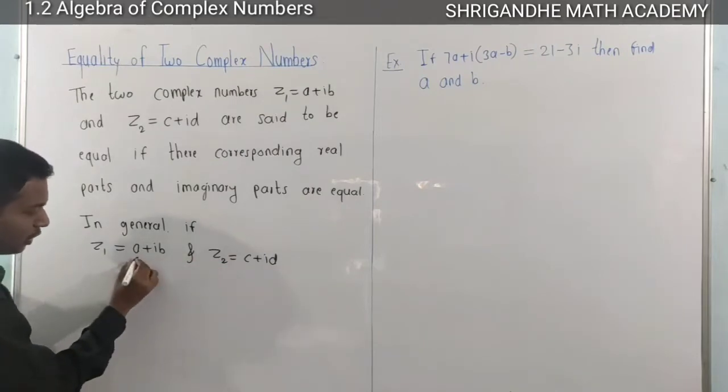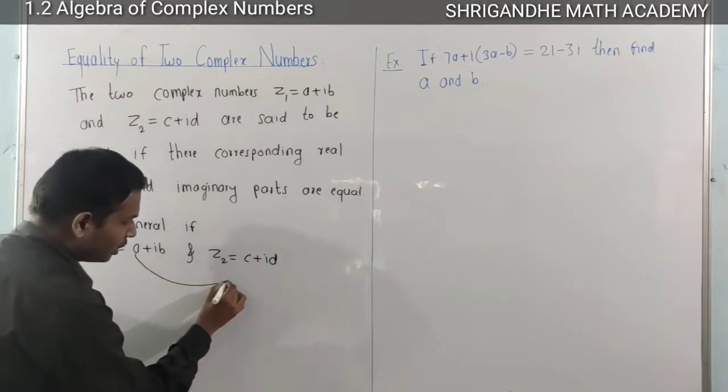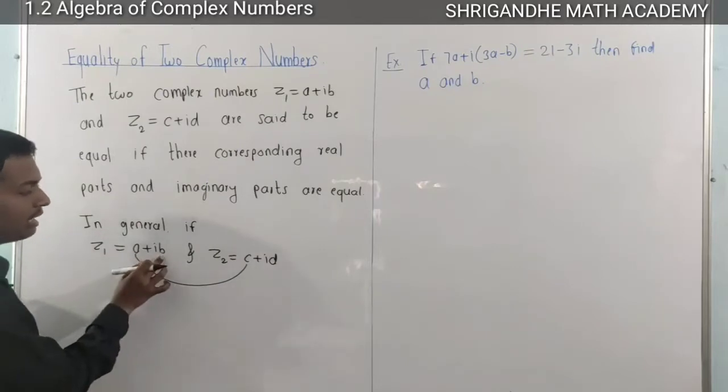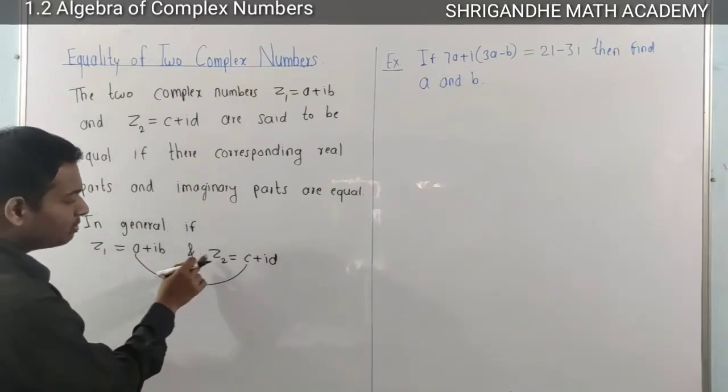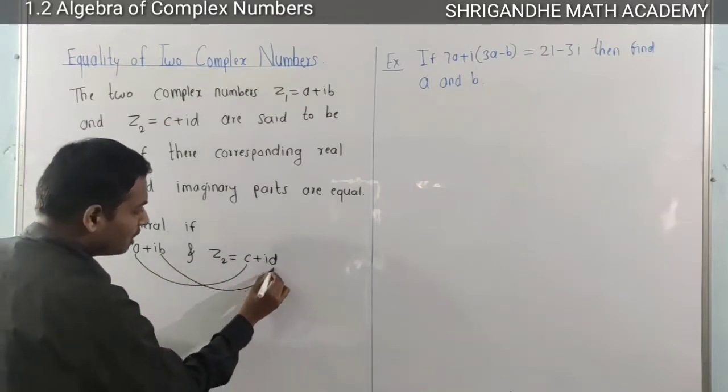That is, the real part of Z1 is a and the real part of Z2 is c, so these two parts are equal, and also the imaginary part of Z1 is b and the imaginary part of Z2 is d, that is, b equal to d.